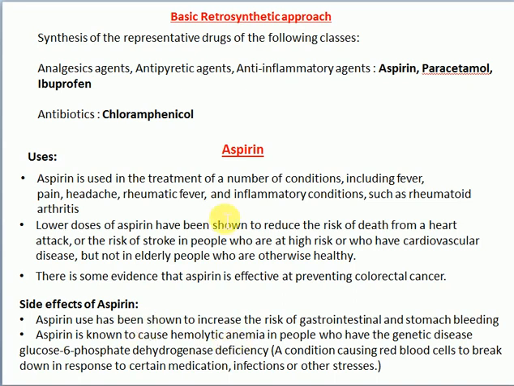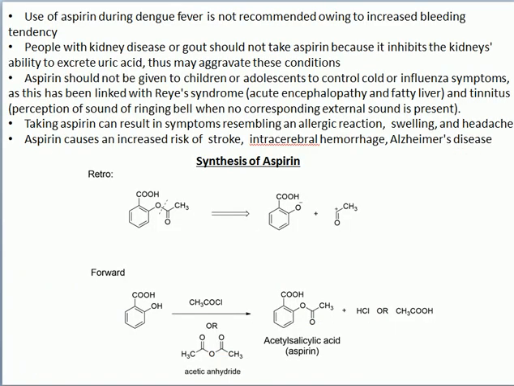And aspirin has several other side effects. It is not recommended for dengue patients because it will increase bleeding tendency. People with kidney disease or gout should also not take aspirin because it inhibits kidney function to excrete uric acid and may increase the uric acid level in the blood.